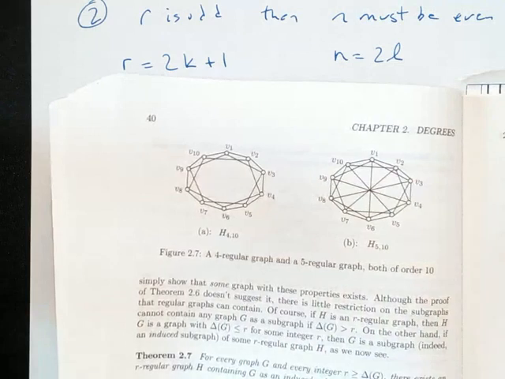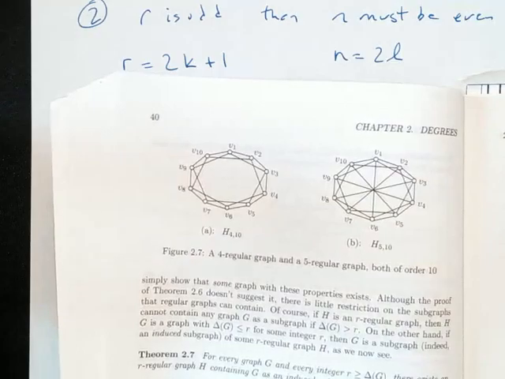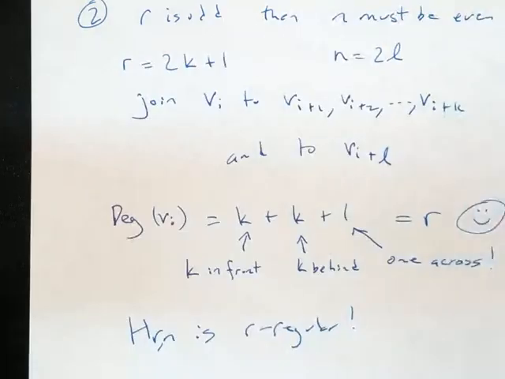What if I 11 vertices or something like that? Well, as long as one of them is even, I'm okay. So if n is odd, R must be even. Right?